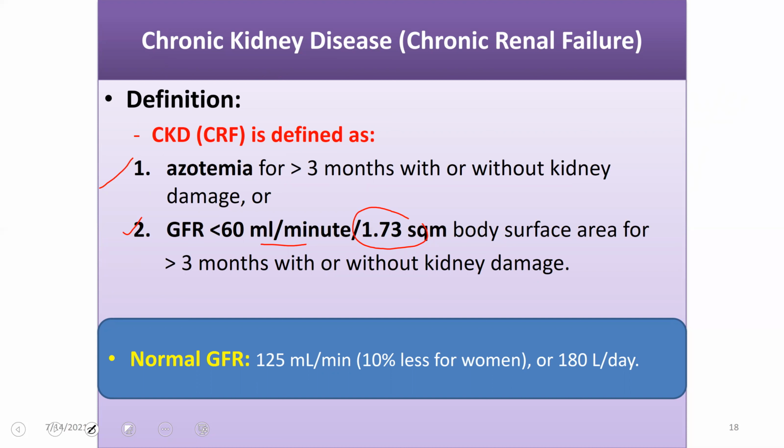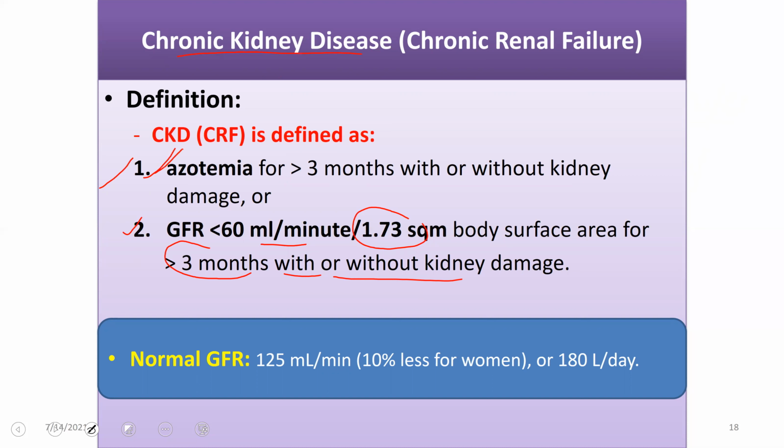And this should also last for more than 3 months with or without kidney damage. If either of these definitions suits the clinical features, then that condition will be known as chronic kidney disease. And mind you, there may or may not be visible kidney damage in chronic kidney disease.